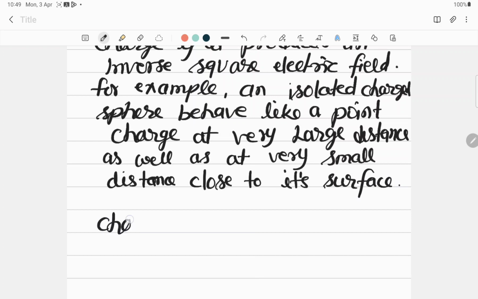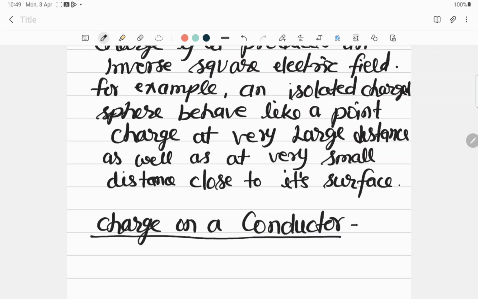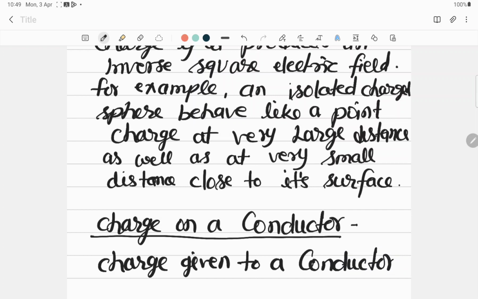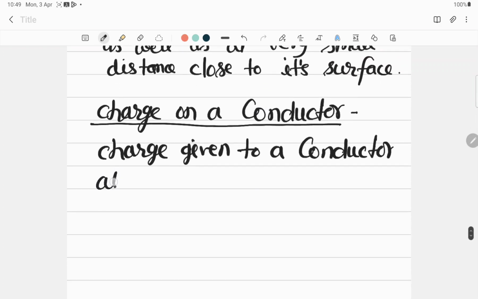Now, charge on a conductor. So, charge given to a conductor always resides on its outer surface.